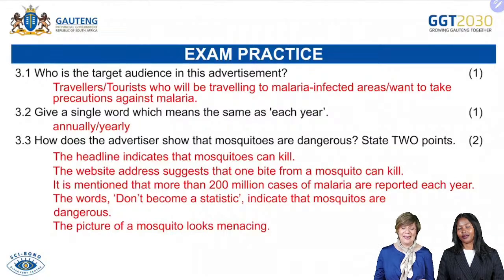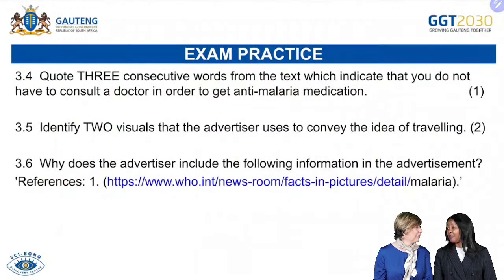Now, we had the headline that said mosquitoes can kill. There's a website address that suggests that one bite from a mosquito can kill. They've even included statistics. 200 million cases of malaria are reported every year. We have the words don't become a statistic. And we have the picture of a mosquito. 100%. It looks quite menacing.